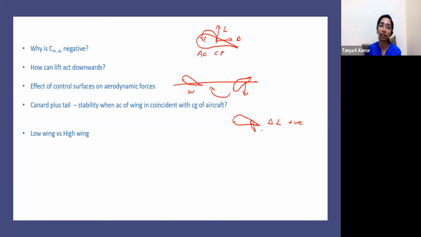Next question was canard plus tail. The question was, if the wing is symmetric and there is no contribution of the wing towards stability, that is, if the aerodynamic center of the wing coincides with the CG, in such a case there will be no contribution of the wing towards stability.